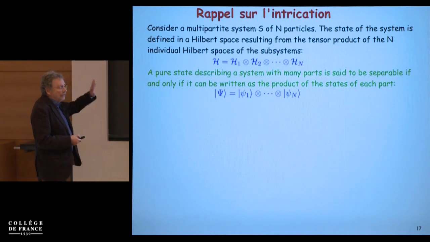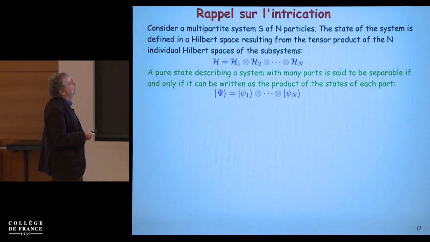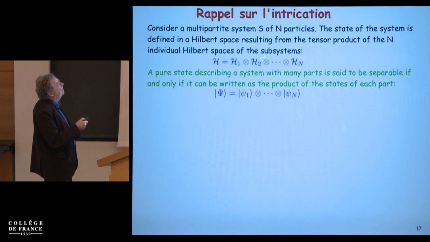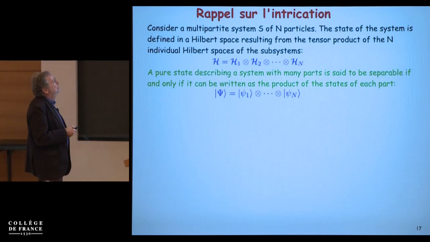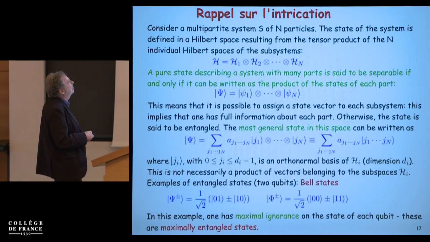So first, some reminders on entanglement. Let's consider a multipartite system of n particles. The state of the system is defined in this product space, the tensor product of the individual Hilbert spaces of each part. A pure state describing a system with many parts is considered separable, or non-entangled, if it can be written as the product of the states corresponding to each part.